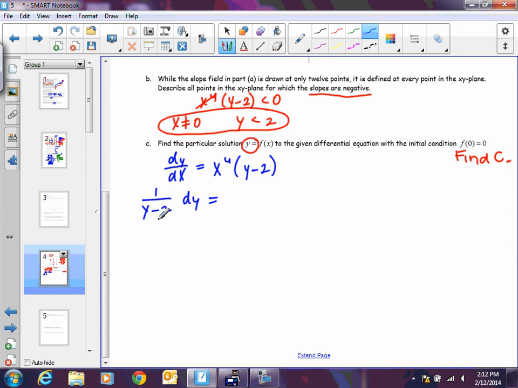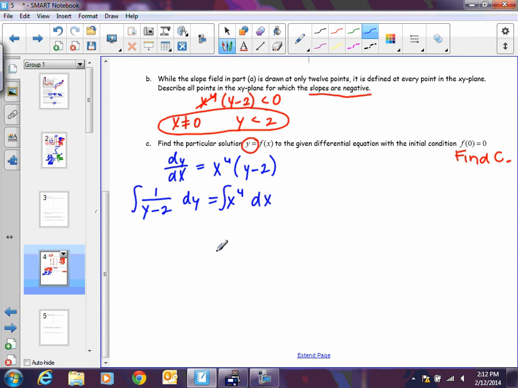So it's going to be easier for you. It's just the same way you're used to seeing it. Okay, on the right side, I have x to the fourth, and then multiply the dx. You have to get y's and x's separated before you do the integration. We have never integrated x and y together. We've never done that. We only integrate x's or y's or u's or t's, but never when they're mixed.